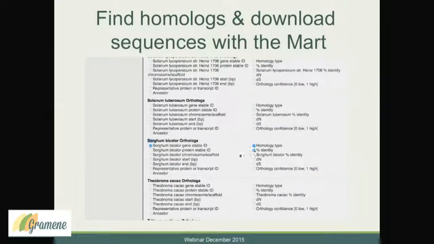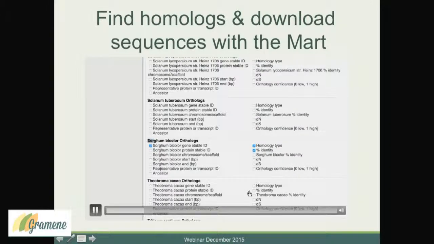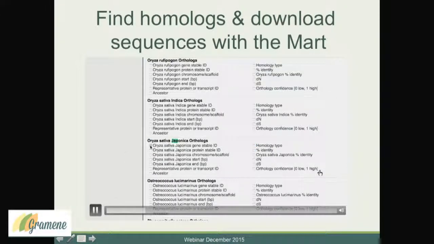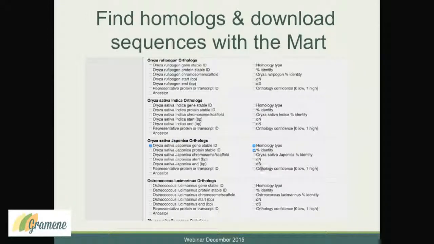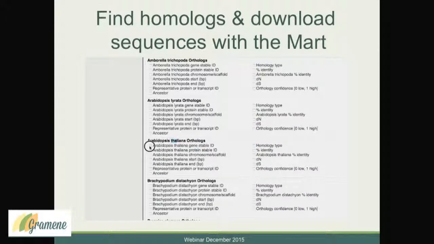Then I go to the species I mentioned, sorghum, and I want to see what kind of homology they have, whether it's 1-to-1, or 1-to-many homologs in the other species, and the percentage of protein identity between my query and my target.